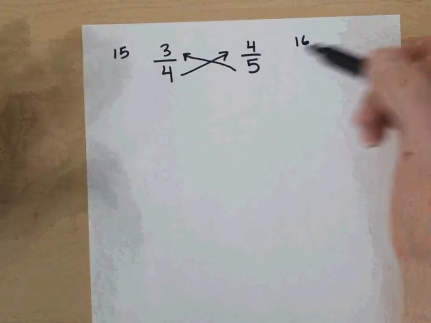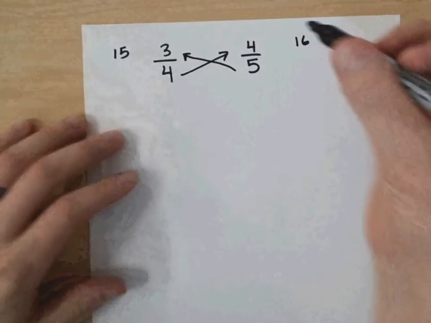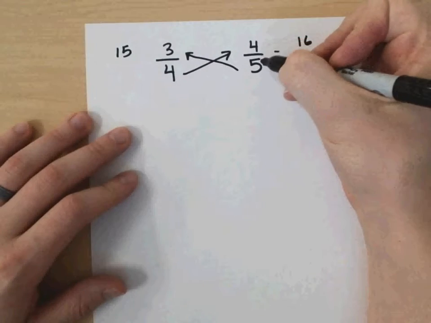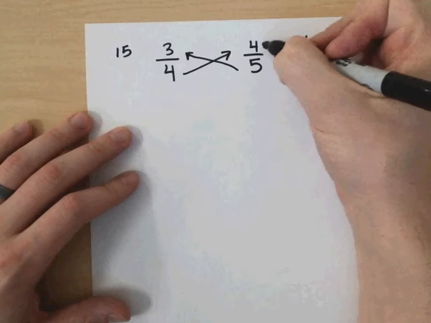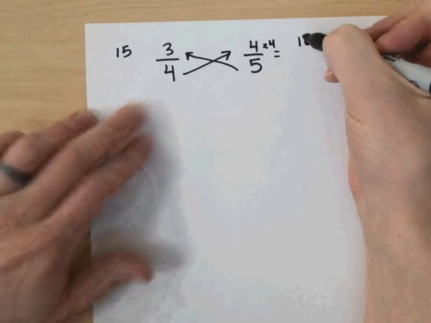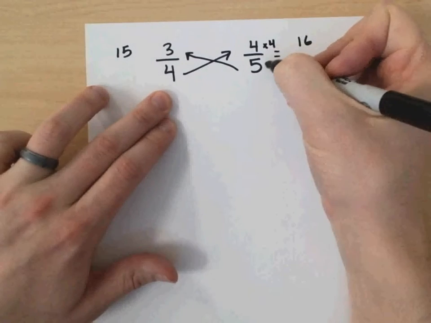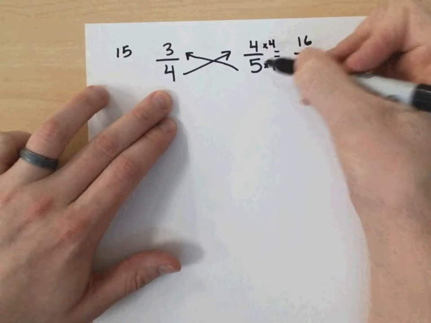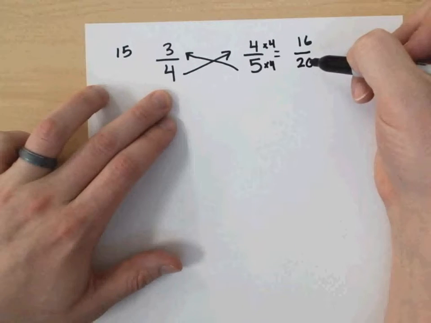But in order to really show exactly what they're doing and explain it, basically what they did was they made 4/5 into an equivalent fraction. They multiplied 4 times 4, which is this number here, and they have to do it to the denominator, 5 times 4, and so 4/5 is equivalent to 16/20.